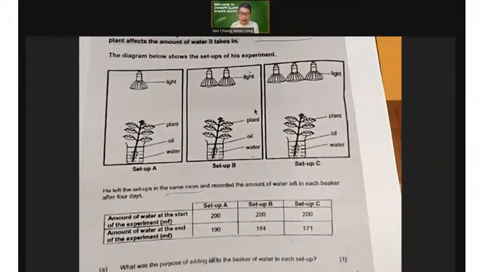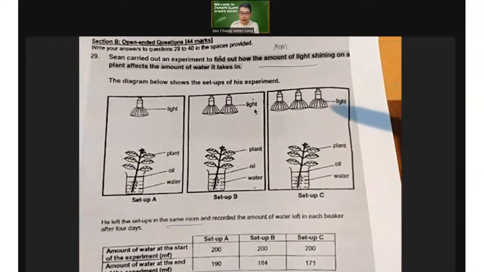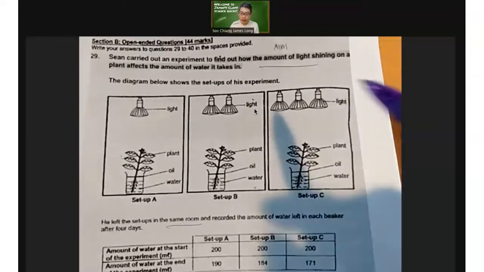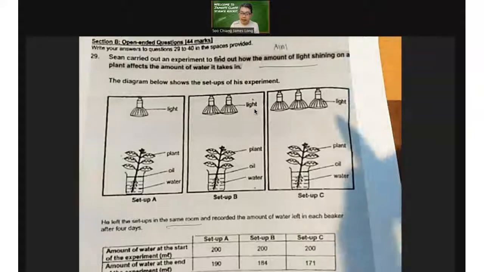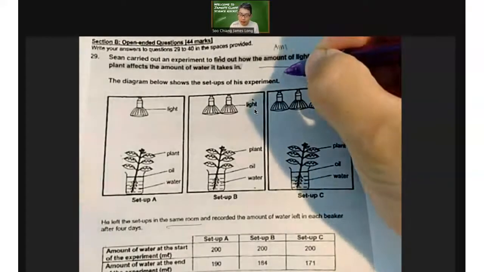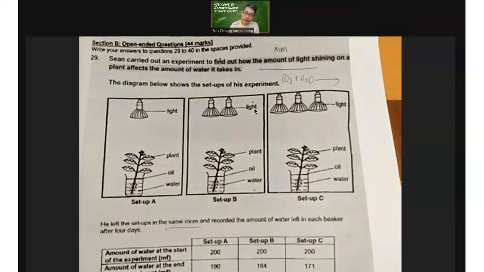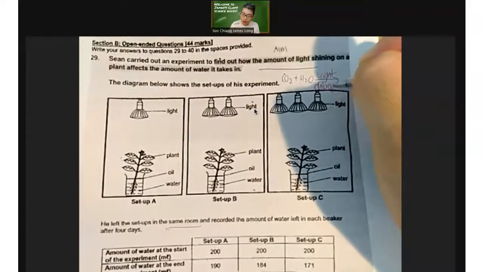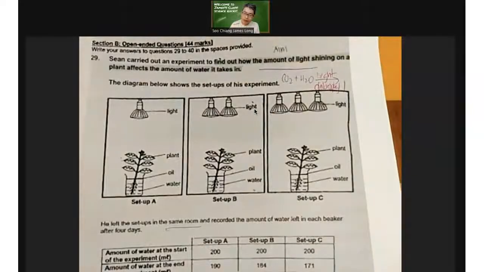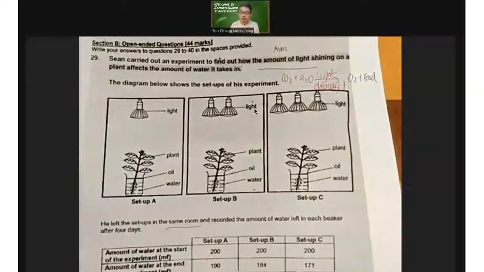So what concept is this? What concept is Sean trying to leverage on when he talks about this experiment about how light affects the amount of water it takes in? This is actually about photosynthesis. We talk about carbon dioxide plus water in the presence of light and chlorophyll to give you oxygen and food or sugar, as some of you might have written down.